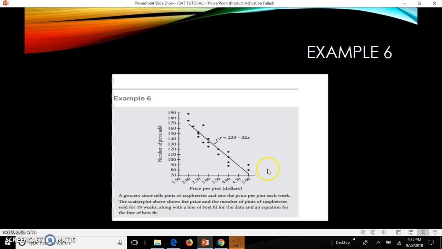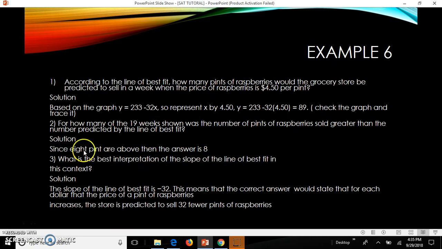It's this straight line. So any dot you see above it counts. Just count it: 1, 2, 3, 4, 5, 6, 7, 8. So we have 8 points above, and the answer is 8. That's that.